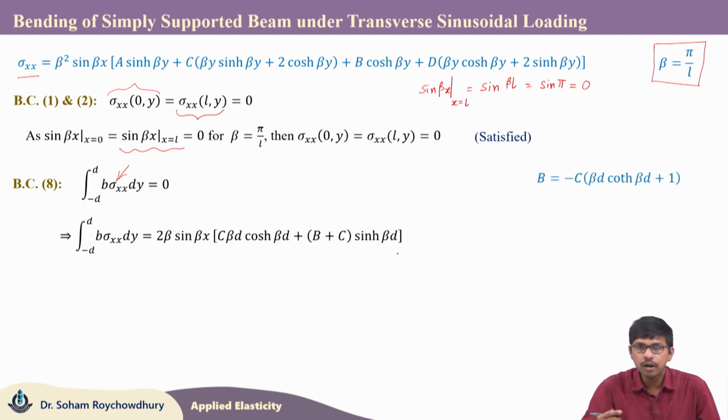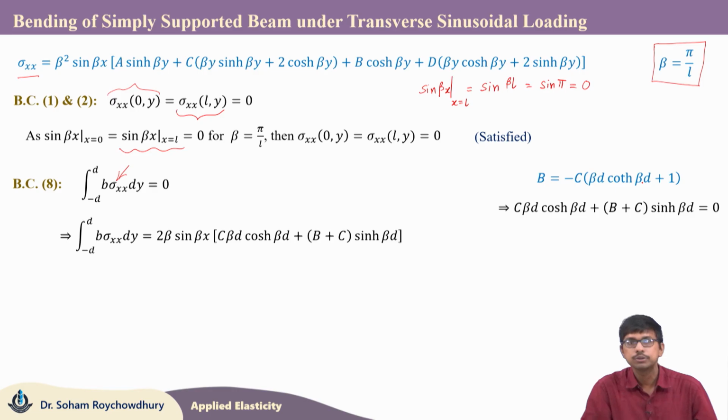Now, if we recall the relation between b and c, that was b equals minus c times beta d cot hyperbolic beta d plus 1. Now, if you write cot hyperbolic beta d as cosine hyperbolic beta d divided by sine hyperbolic beta d and simplify, this equation would be c beta d cos hyperbolic beta d plus b plus c sine hyperbolic beta d equals 0.